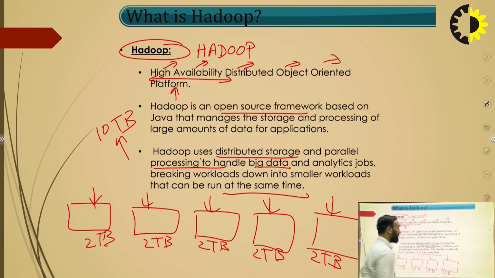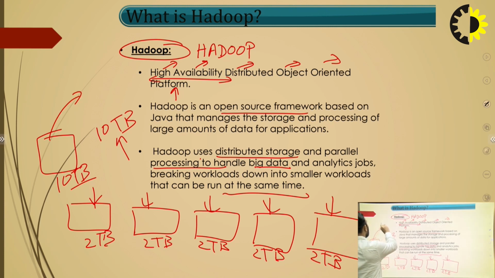For example, if a server has data of 10 TB, to process this data on a single machine it will take, for example, 1 hour.